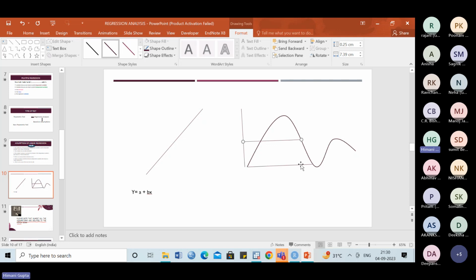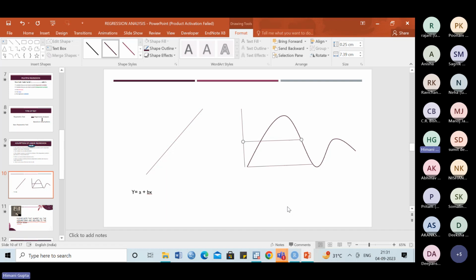So that means there will be two tax rates where the government is earning the same revenue. So it becomes your square. Whenever you have conditions like this, where the curve is moving, that is known as curvilinear regression.